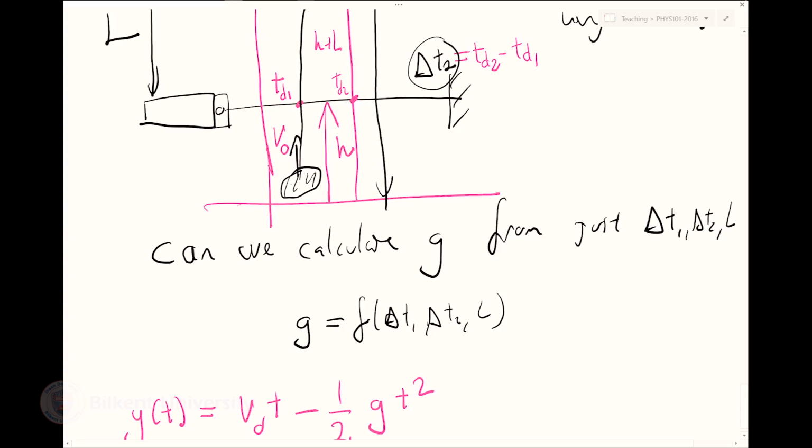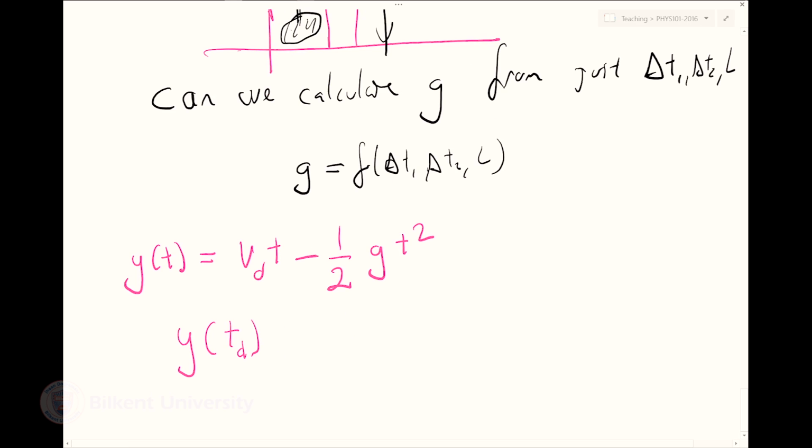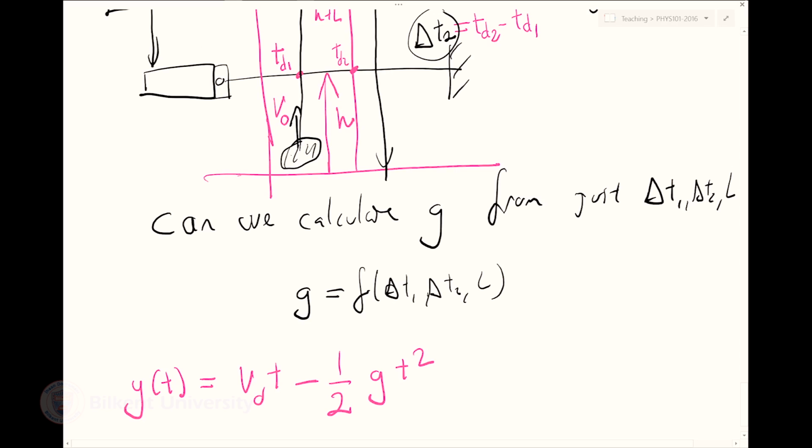How can I calculate t down 1 and t down 2? What's the equation that defines these two times? Well, they are the times for which my object crosses the lower laser. So what is my height when I actually cross this laser? It's exactly h. So y at t downs must be h.